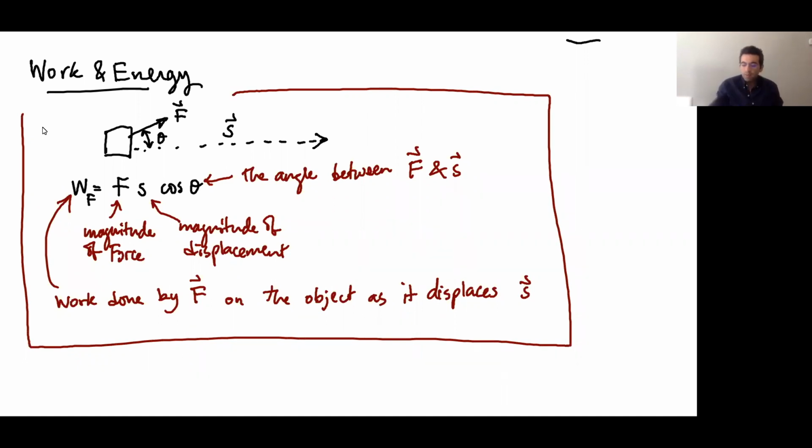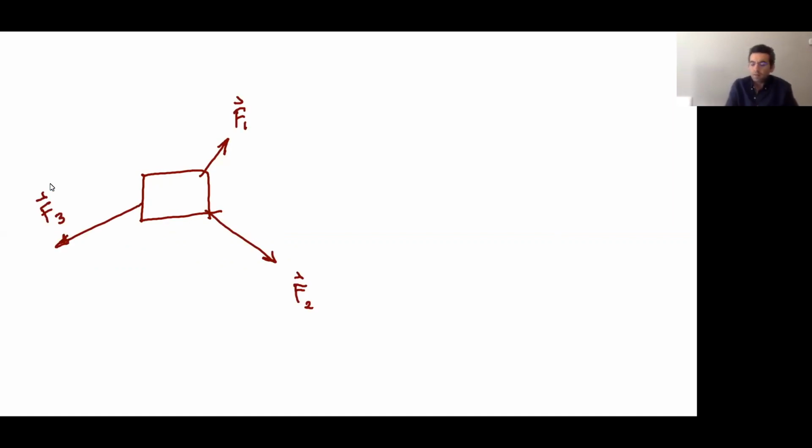And then if you think about multiple forces applying to that object, suppose an object here is being subject to multiple forces, and it's displaced a displacement S. By displaced, of course, it means that it starts at this location and ends at this other location here.